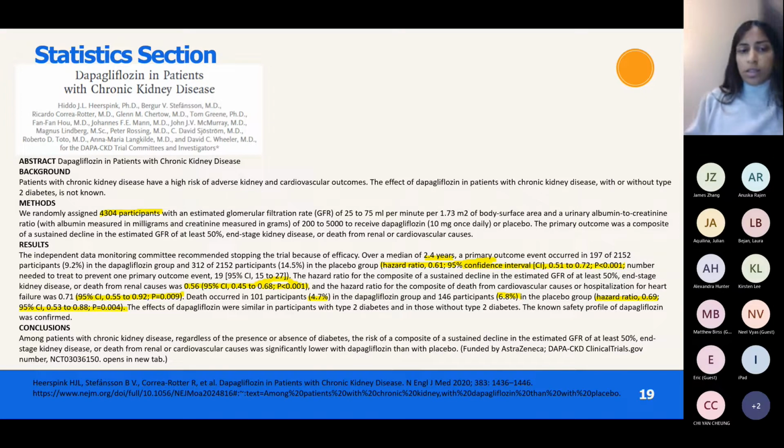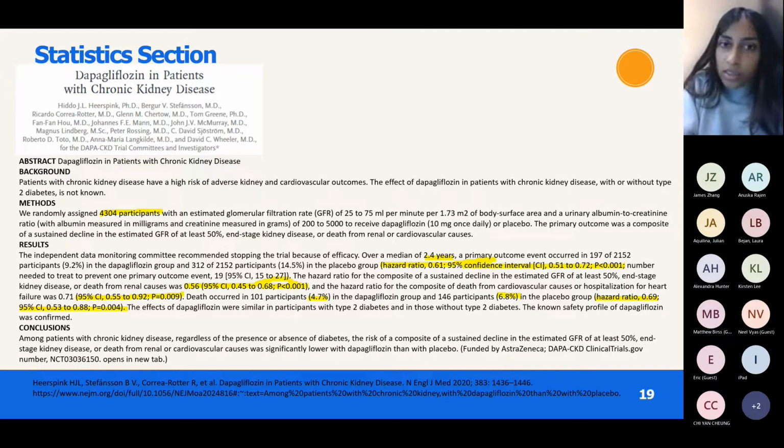And the next thing that I highlighted here was about the primary outcome event occurring in fewer people in the dapagliflozin group and more people in the placebo group.